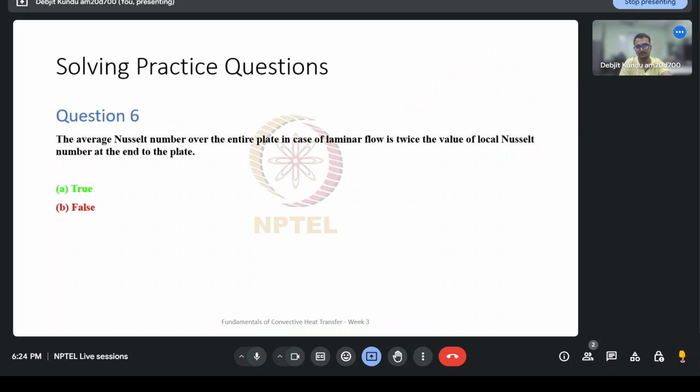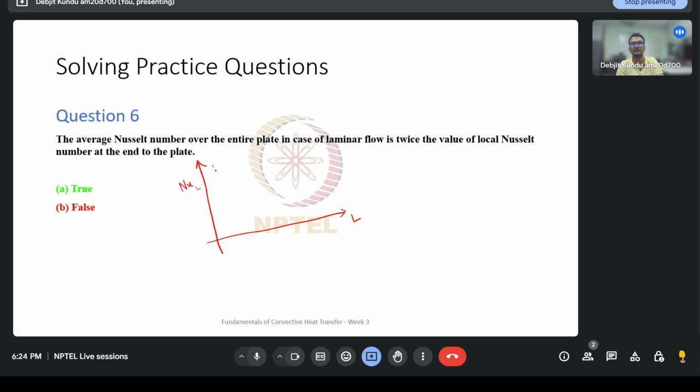Let's take a look at the solution. It's actually true. So the local variation of Nusselt number, if we look at that, so let's say this is L, and this is Nusselt number local, then we will find its variation something like this.